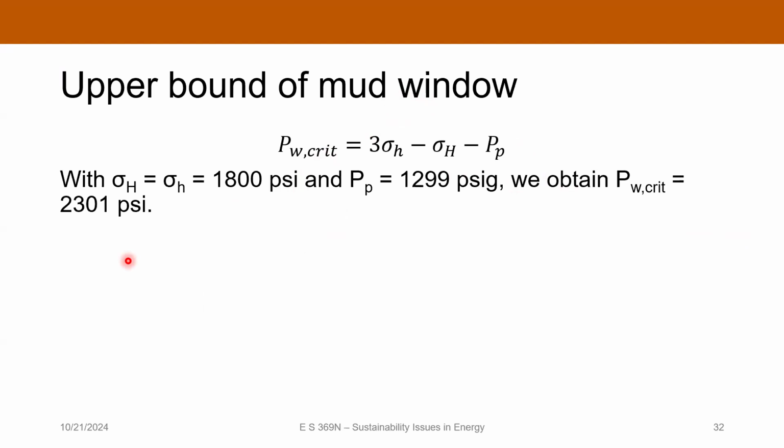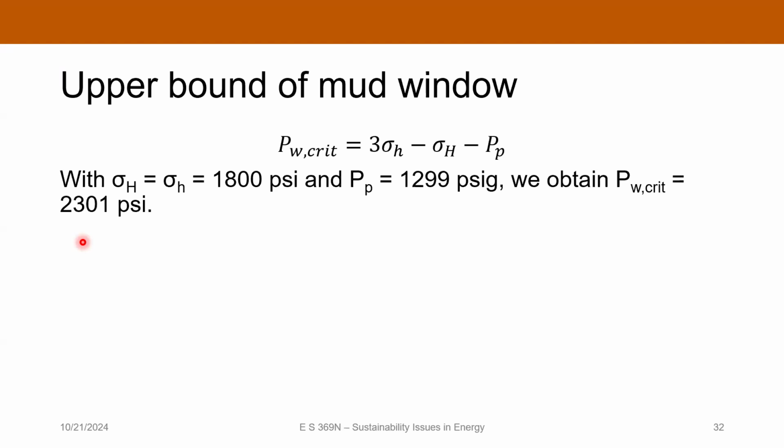Now, what we really want is in terms of drilling fluid density. So the question here is, what is the density of the fluid that would give us this hydrostatic pressure at a depth of 3,000 feet? So we're kind of working backwards now.